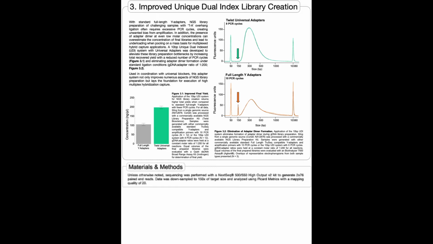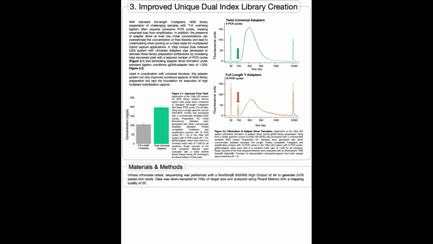Even with a decrease in the number of PCR cycles, we observed nearly a doubling of the final observed concentration and therefore the total yield. Now, this reduction in PCR cycles helps to improve data quality by reducing the starting number of PCR duplicates that are subject to target enrichment.